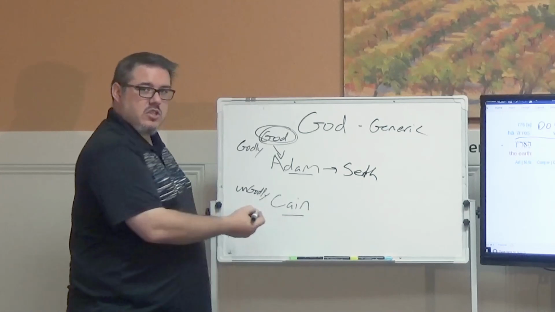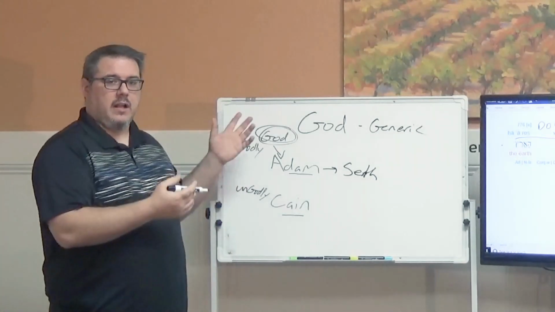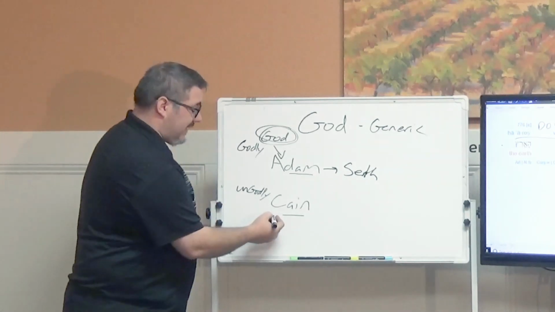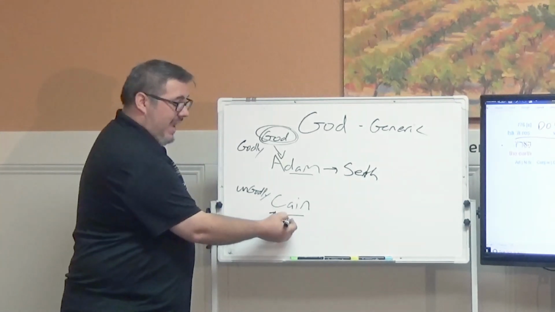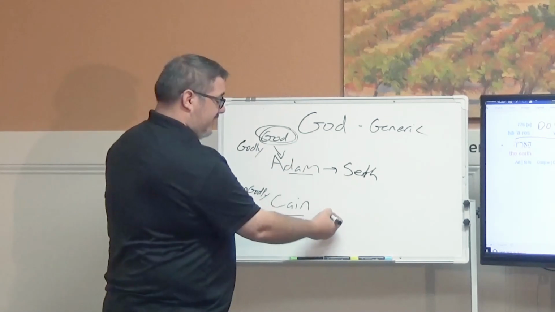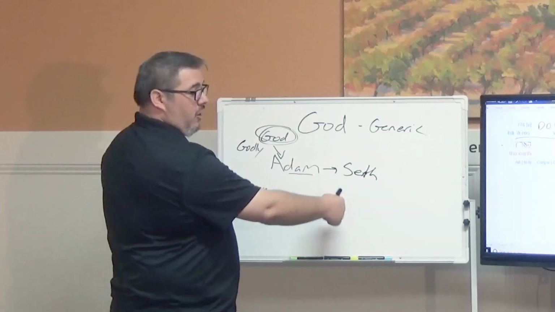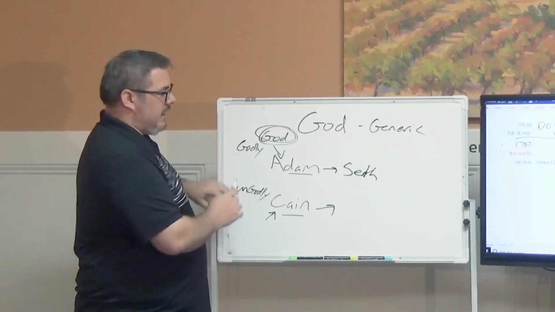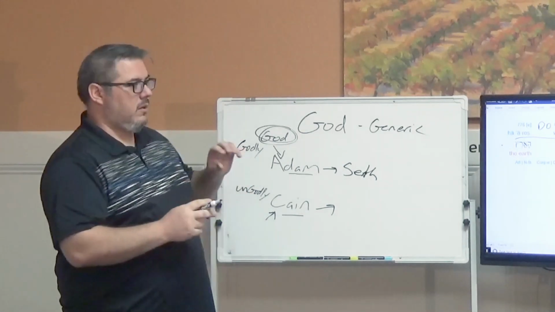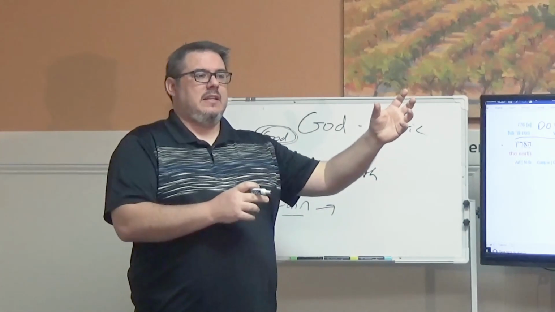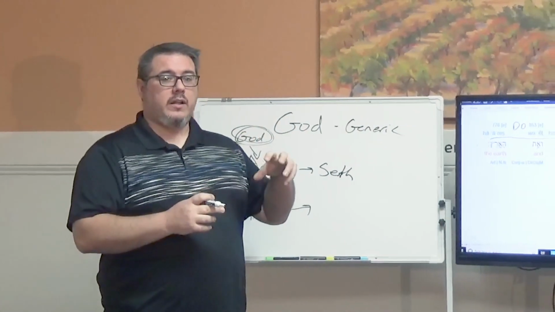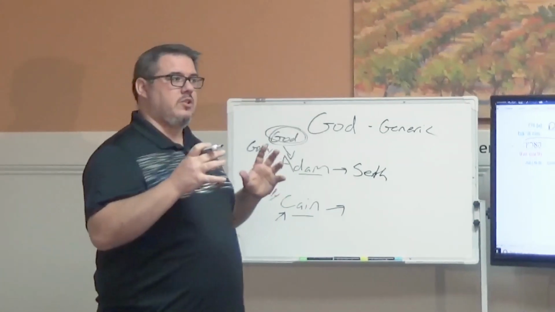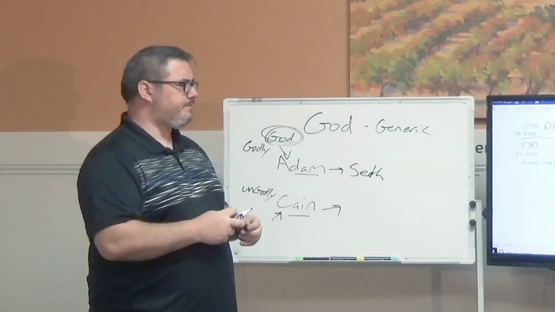But on Cain's genealogy, it doesn't start with God. In fact, it doesn't even start with Adam. It actually starts with Cain. It says Cain had a son and called his name. So we see this connection between the godly line and the ungodly line, where one was seen as delineating from God and one delineating of himself because of his rejection of who God was.